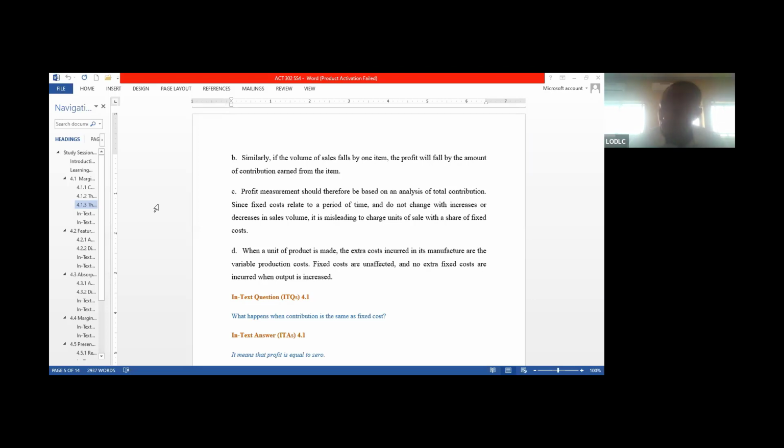Because you can only get your profit once the fixed cost has been covered. Do you understand? So when a unit of product is made, the extra costs incurred in its manufacture are the variable production costs. Fixed costs are unaffected, and no extra fixed costs are incurred when output is increasing. That is, fixed costs remain the same no matter the level of output.